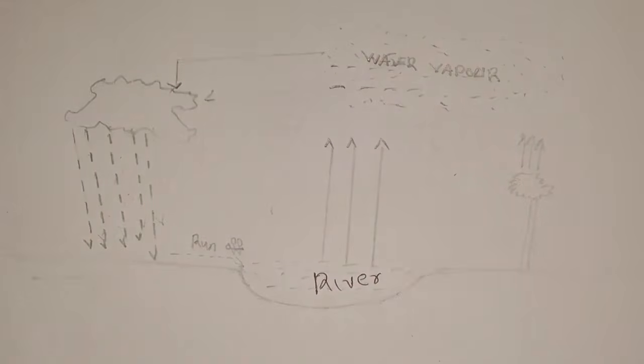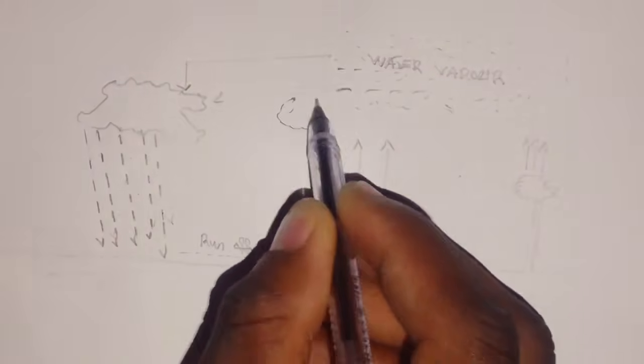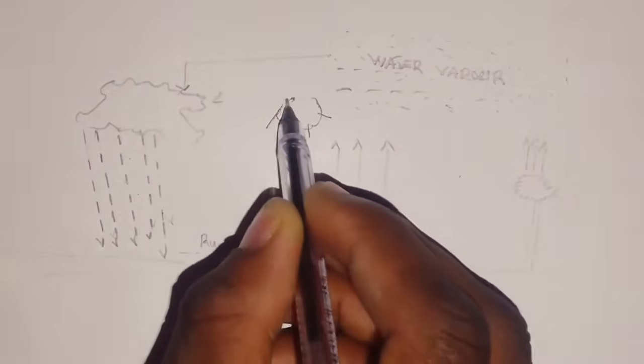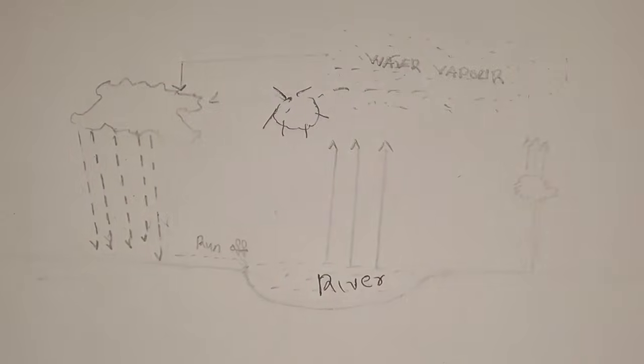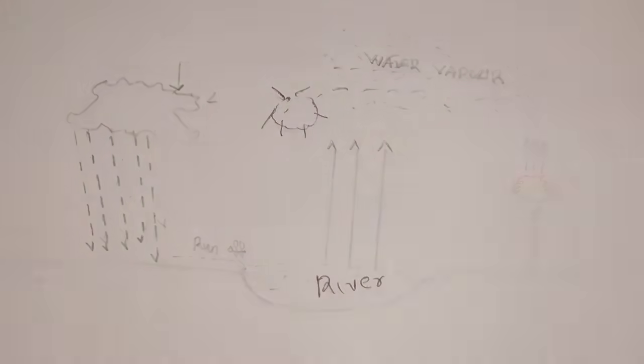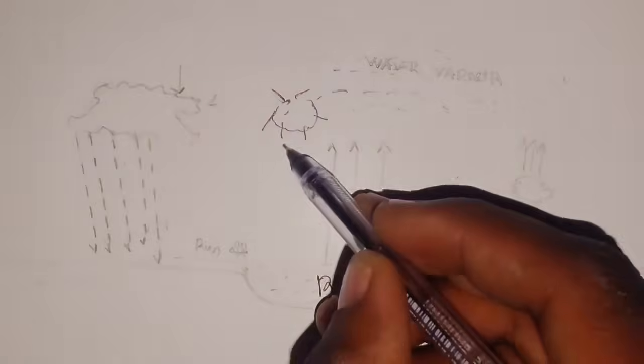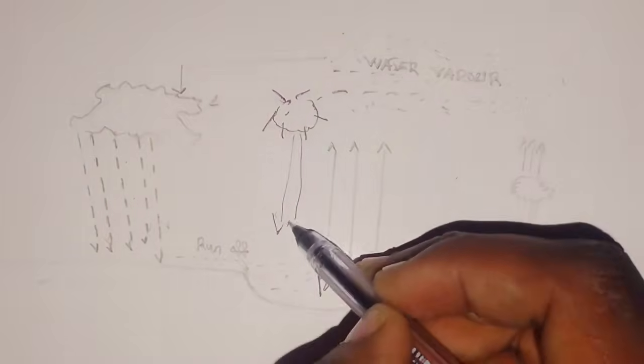And let's say we've got the sun here. So the sun will be somewhere here, just like a simple sun. So when this sun hits the water bodies, the water will rise in a vapor form and go into the atmosphere. So this is the arrow showing how the water will rise after the sun rays hit the water bodies.